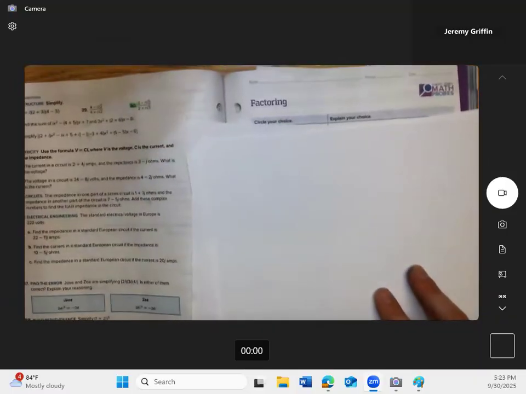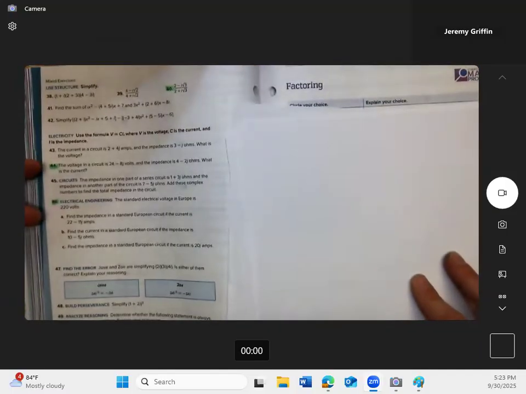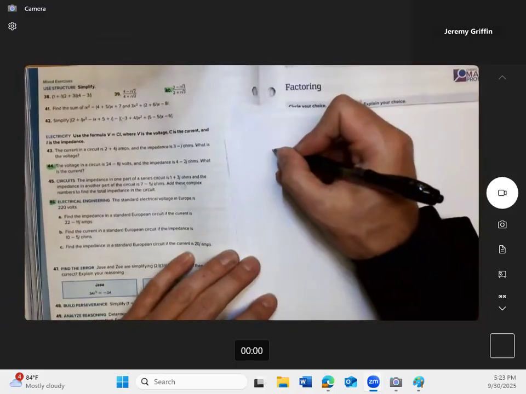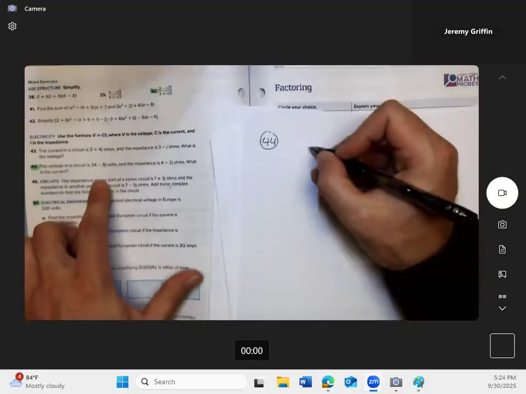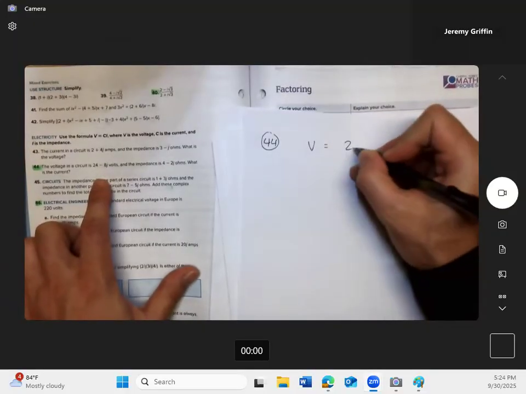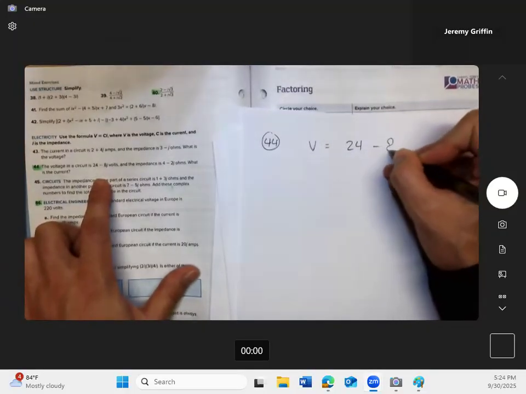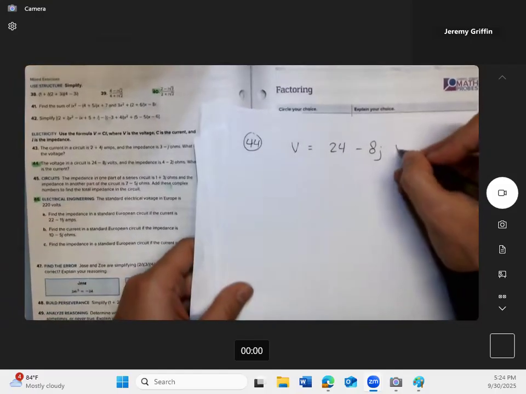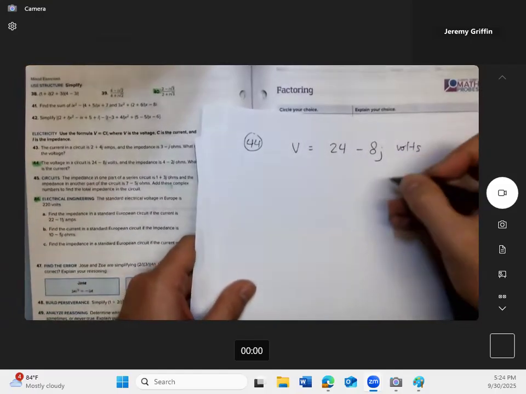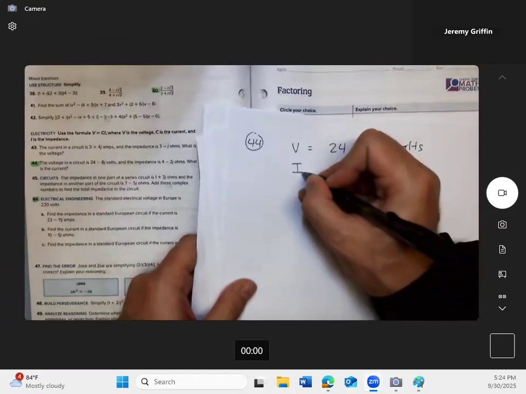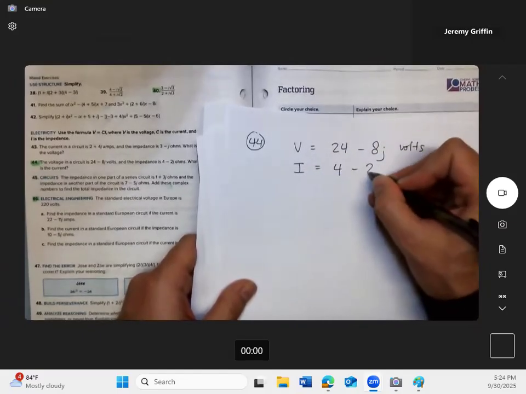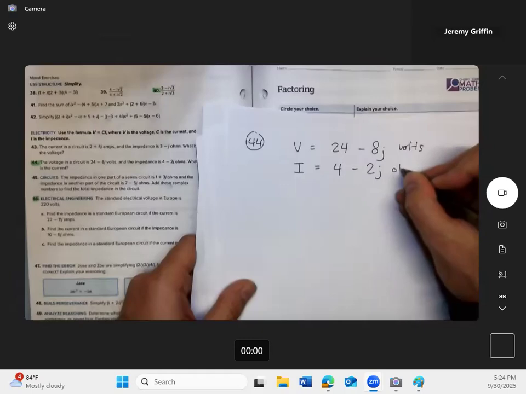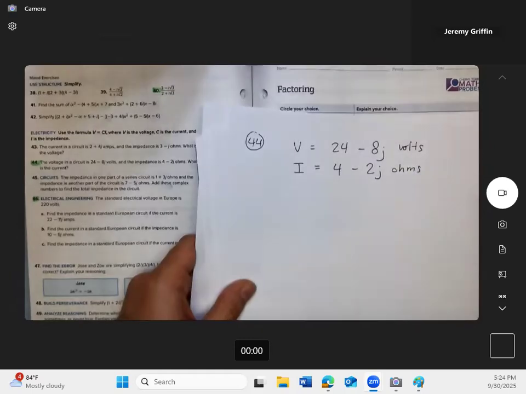These last two are both alternating current electricity examples. So number 44. The voltage is 24 minus 8j volts, and the impedance is 4 minus 2j ohms. What's the current?